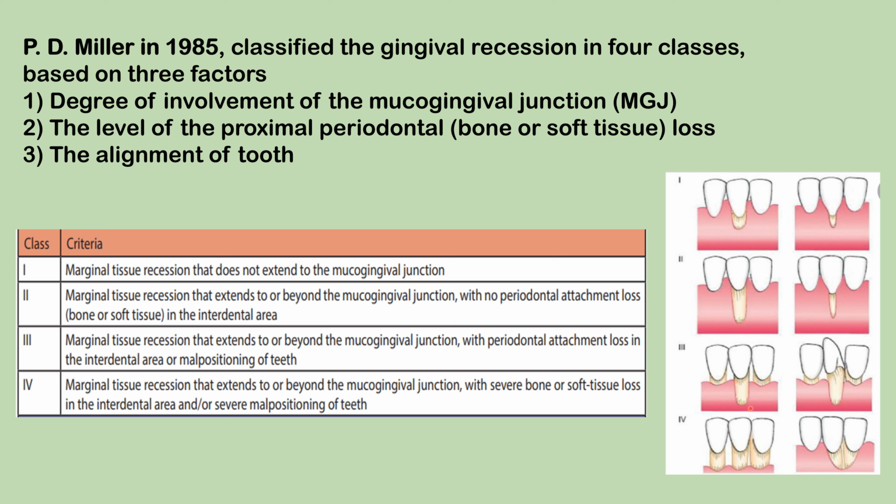Whereas class 3 is marginal tissue recession that extends to or beyond the mucogingival junction with periodontal attachment loss in the interdental area or malpositioning of teeth. Whereas class 4 is marginal tissue recession that extends to or beyond the mucogingival junction with severe bone loss or soft tissue loss in the interdental area and/or severe malpositioning of teeth.